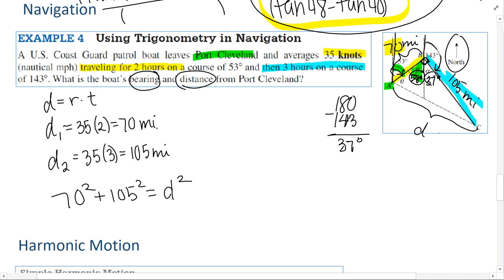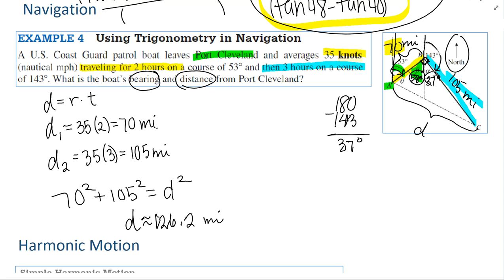Call it d. That's old school. Square it, add it, take the square root, and we get the distance. The distance is about 126.2 miles. All right, so now we have to find the bearing.